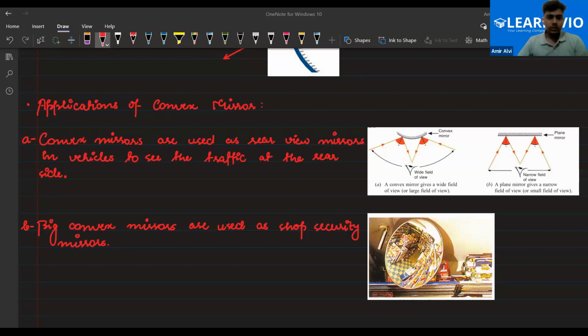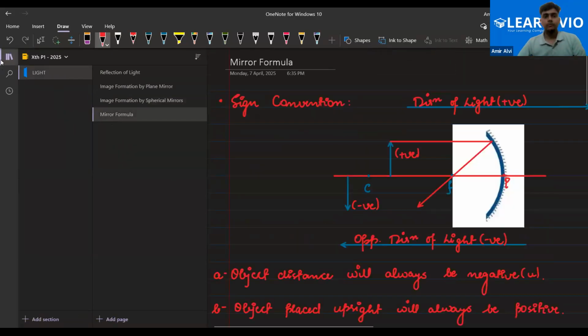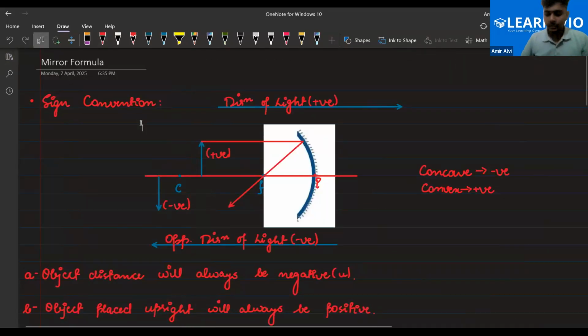Okay, Naveed. So the next topic that we will be discussing is the mirror formula. In the lens, in the reflection of light as well as the refraction of light, we assume that light travels in a specific direction.